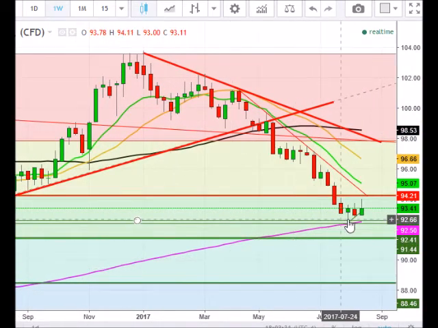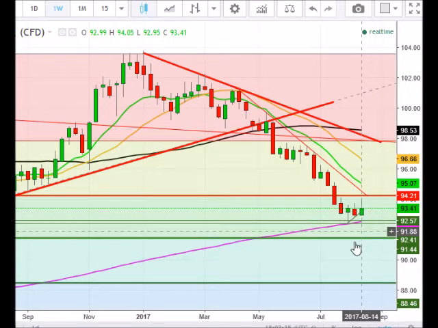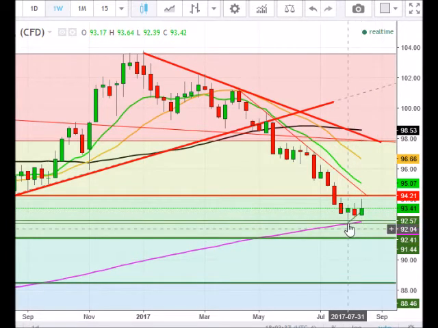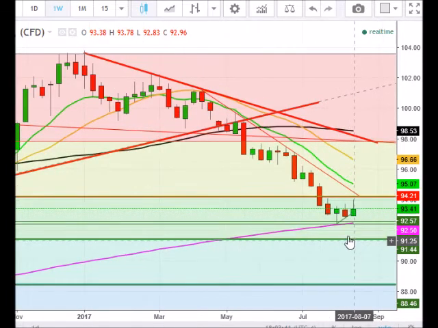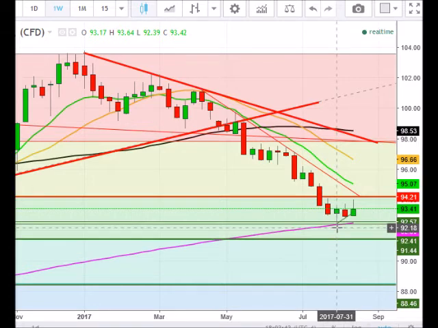But again, the dollar seems reluctant to get that bullish momentum going. So we'll have to see what happens. Right now it's just coasting sideways essentially, and seeing some short covering here. But it does not have the momentum to generate a higher push.